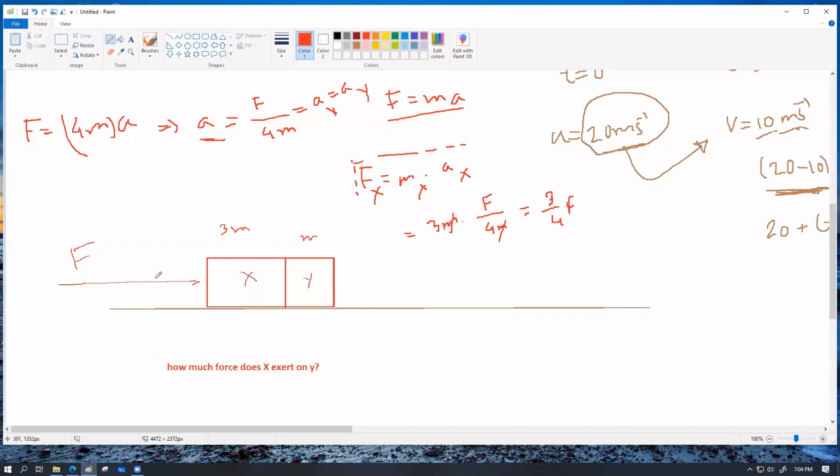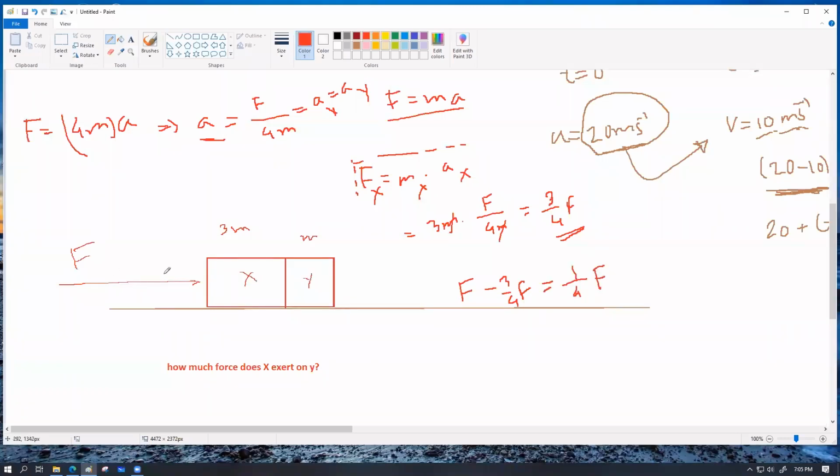But how much did we apply on object x's side? How much did we apply? F. Out of this F amount of force available, it is using 3/4 of it for its own acceleration. So how much is left? The basic math: F minus 3/4 of F is 1/4 F. So logic should tell us that this 1/4 of F force should be exerted on the object y.